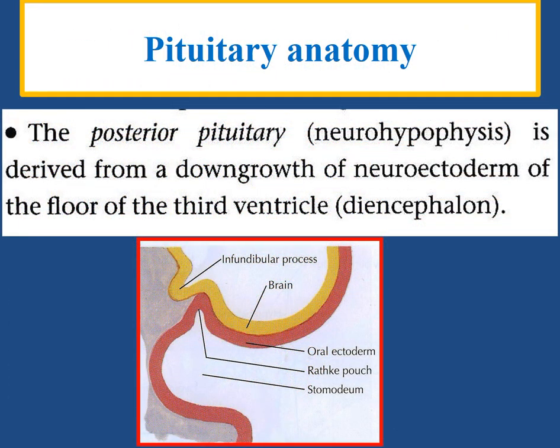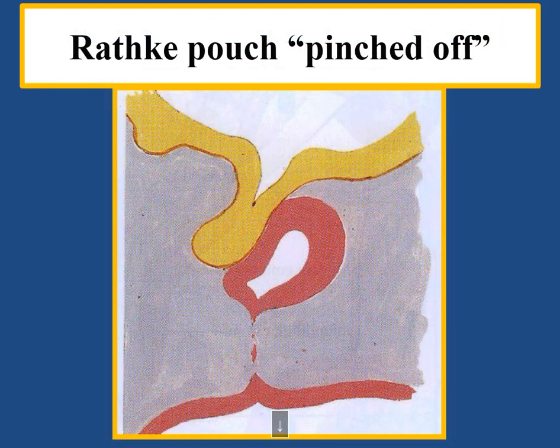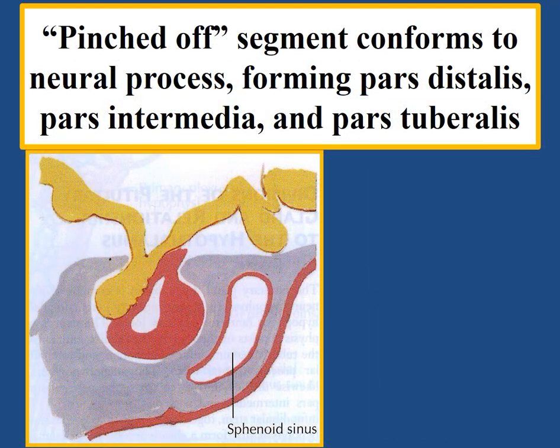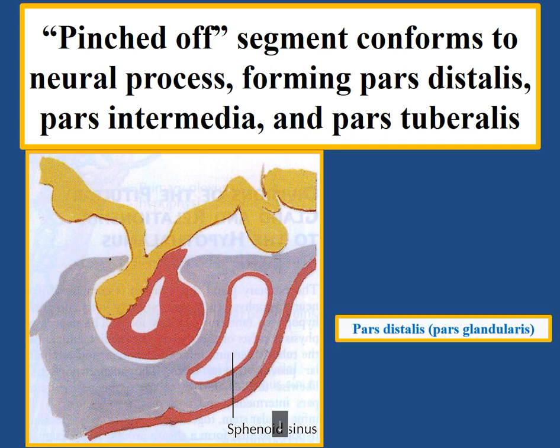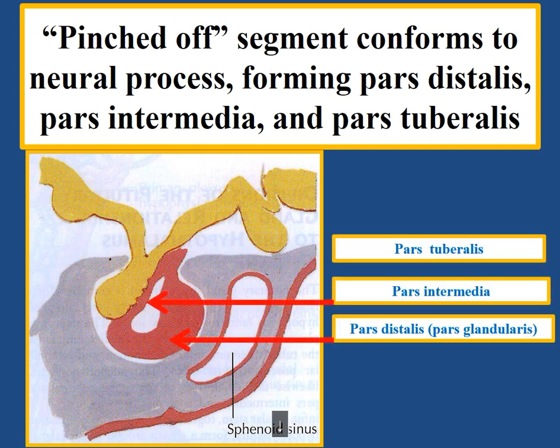The posterior pituitary, neurohypophysis, is derived from the downgrowth of neuroectoderm. As a result, the Rathke's pouch is pinched off, and this pinched off segment conforms to the neural process, forming pars distalis, pars intermedia, and pars tuberalis of the adenohypophysis.